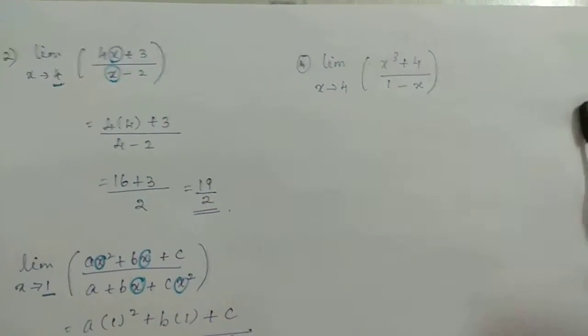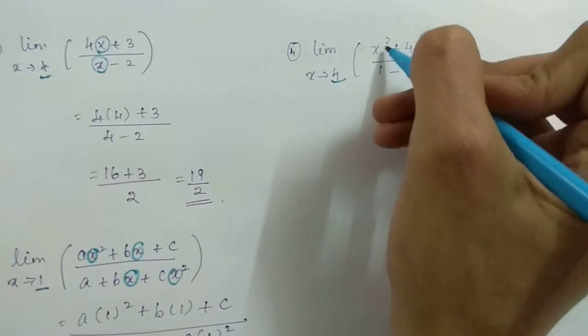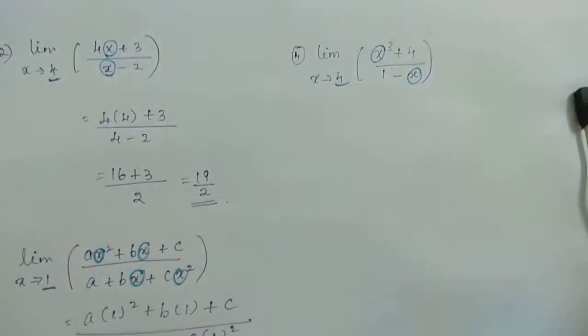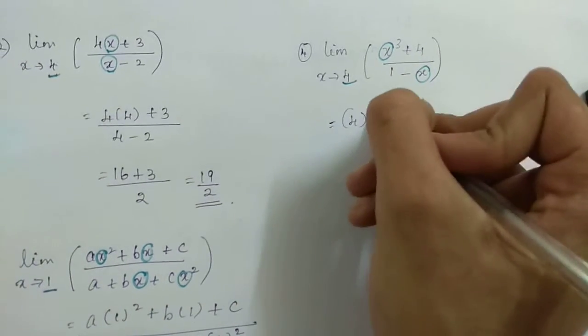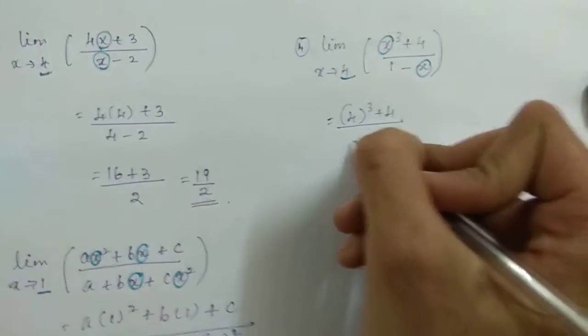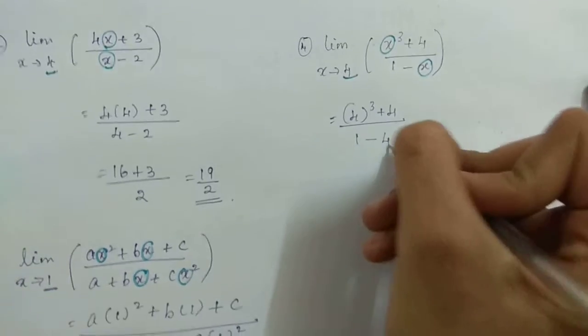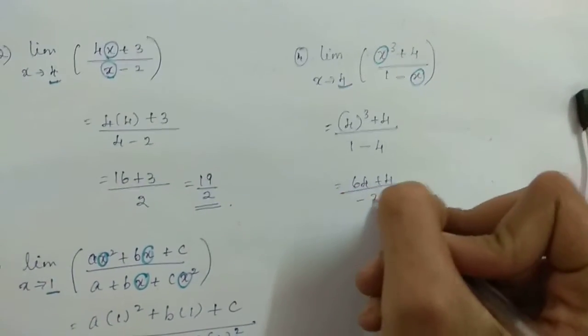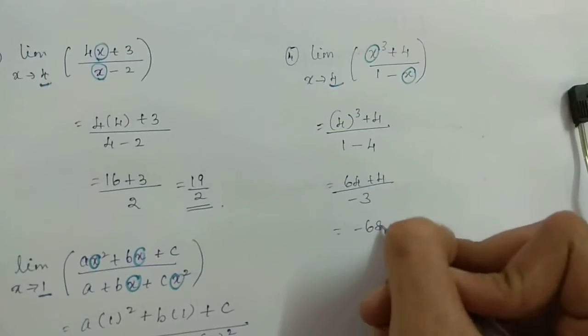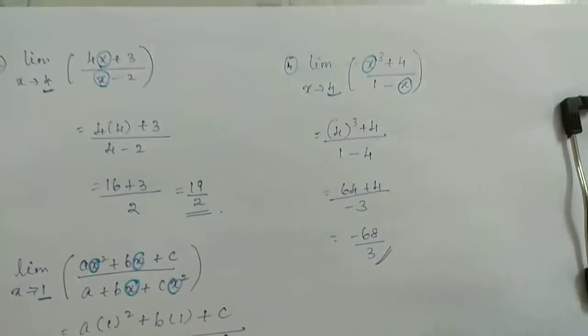Here, x is tending towards 4. So wherever you have x, substitute it with 4. 4 cube plus 4 divided by 1 minus 4. 64 plus 4 divided by minus 3, minus 68 divided by 3 is your answer.